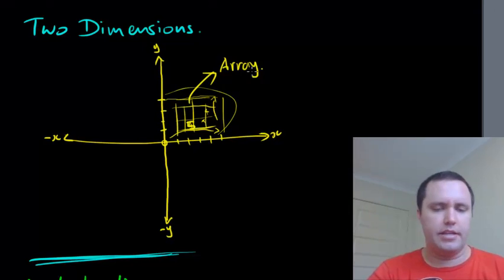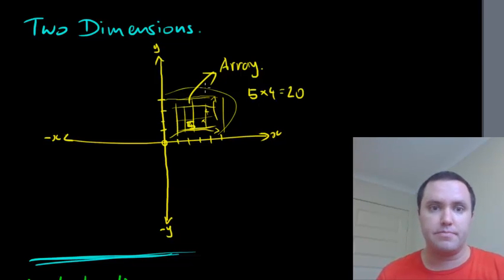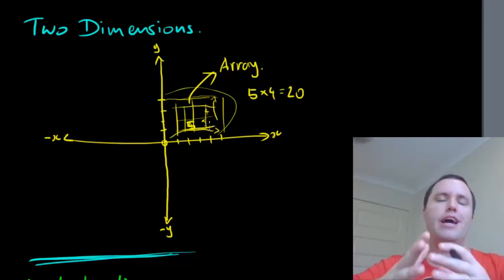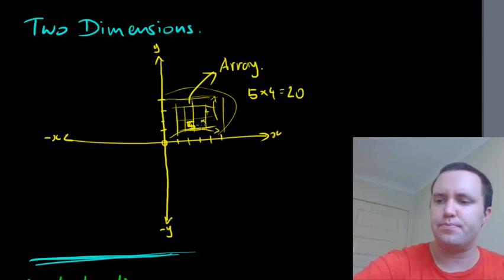That array will be 5 times 4, 20 units worth of space. So that's how I want you to think about multiplication. Multiplication is getting this 5 here and multiplying it by the 4, so you create an area, an array. That's what's going on when you do multiplication.